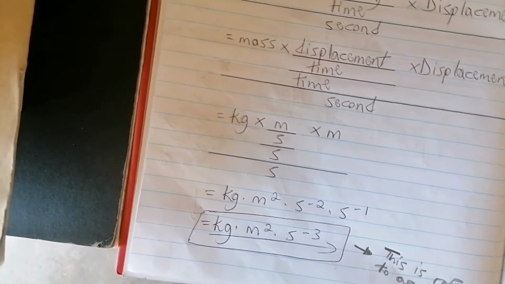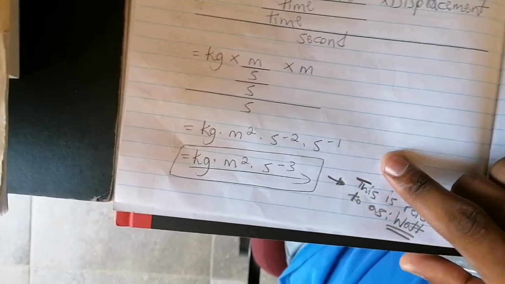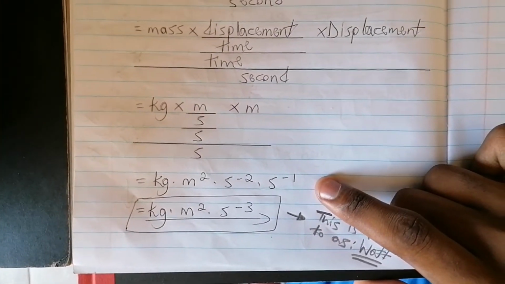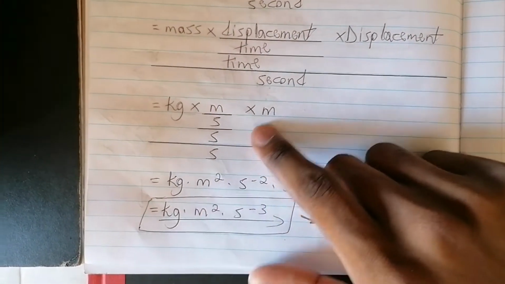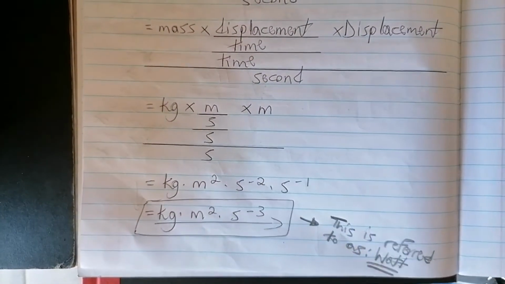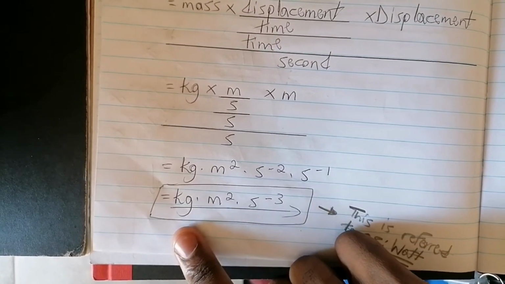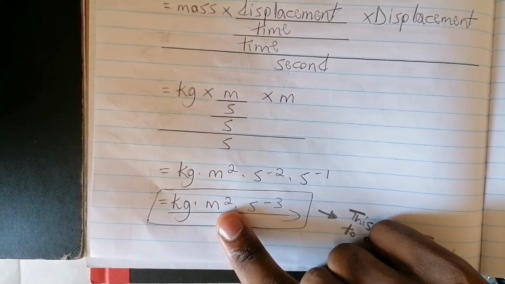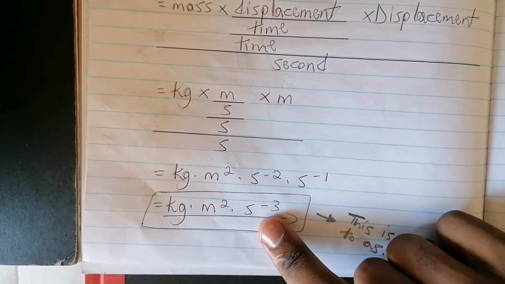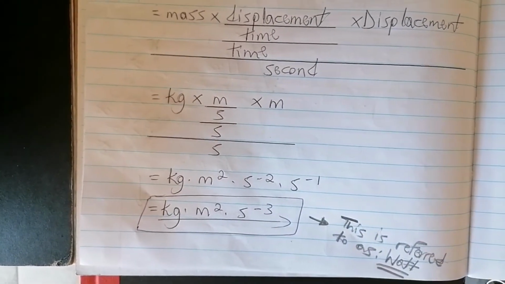When we simplify this in a simple linear form, we get kilograms per meter squared multiplied by s to the exponent of -3.